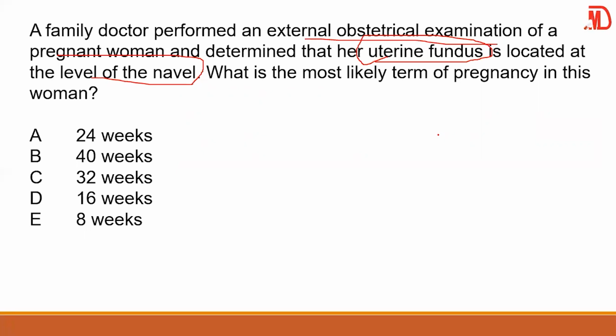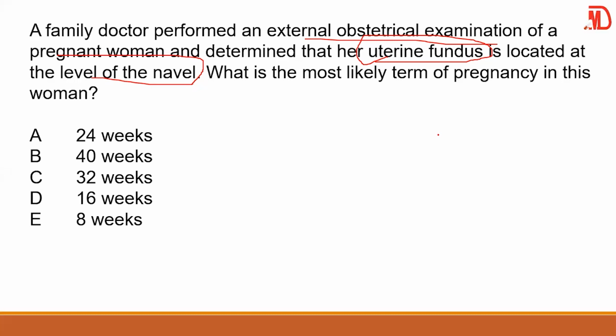So now let's look at it. Usually at about 3 months of pregnancy, that is 13 to 14 weeks, the top of the uterus is usually just above the mother's pubic bone. The fundus, the top of the uterus, is just above the mother's pubic bone.